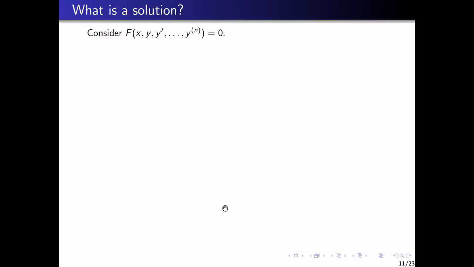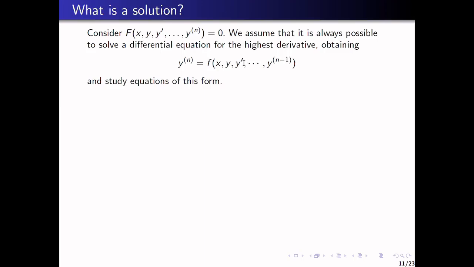So a differential equation f of x, y, y dash and so on up to nth derivative of y is equal to 0 represents a differential equation. We consider that differential equation.